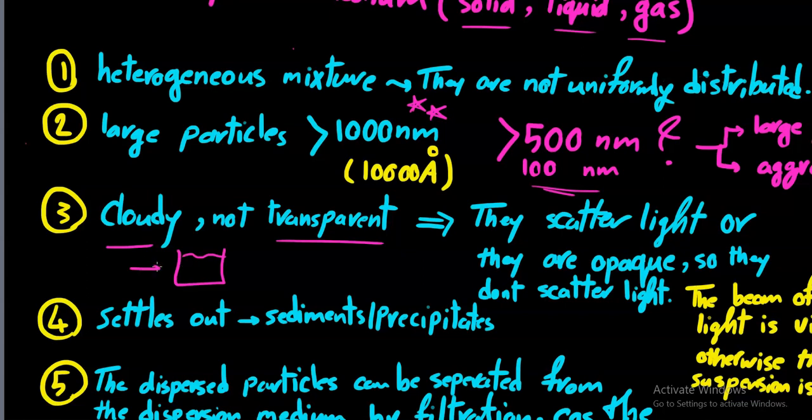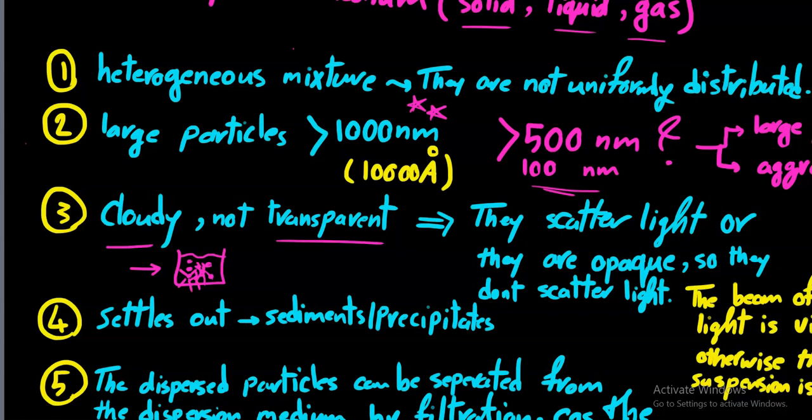What will happen when we shine a little bit of light on a suspension? These large particles will scatter the light, and some of the light will come to your eyes, so you can see the passage of light in the suspension.